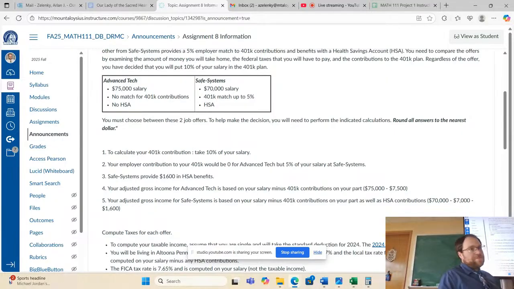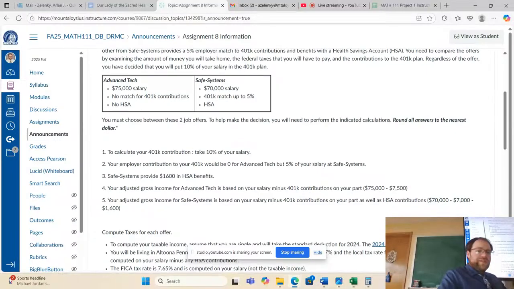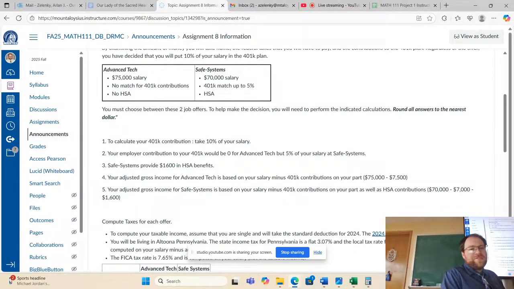For Safe Systems, 10% of 70,000 would be 7,000. You can figure out the employer's contribution by figuring out 5% of the Safe Systems salary, or 70,000 in the example that I have here.